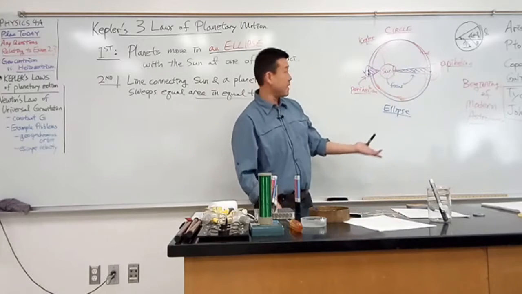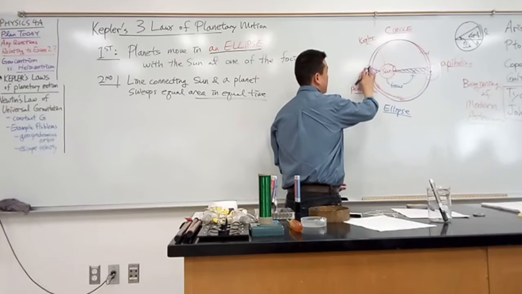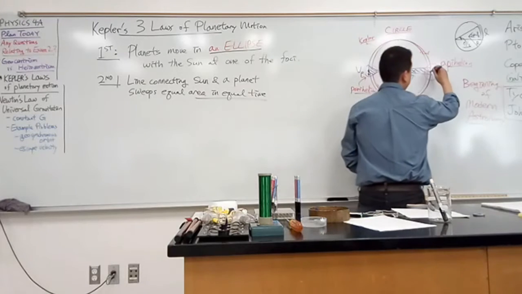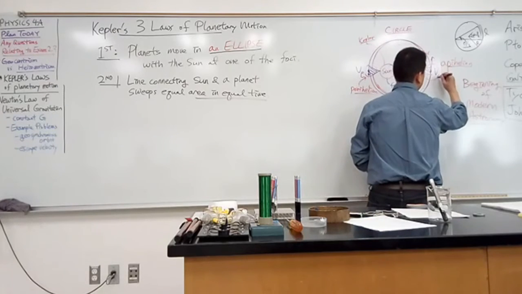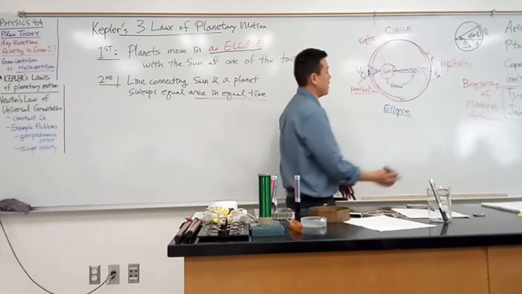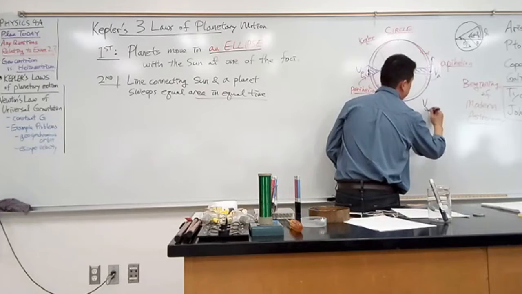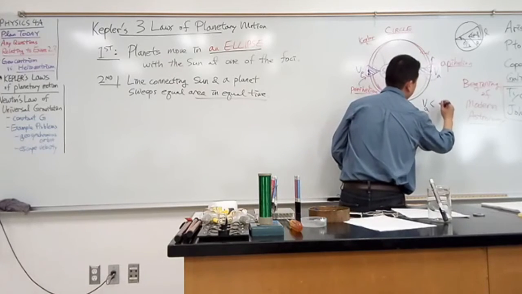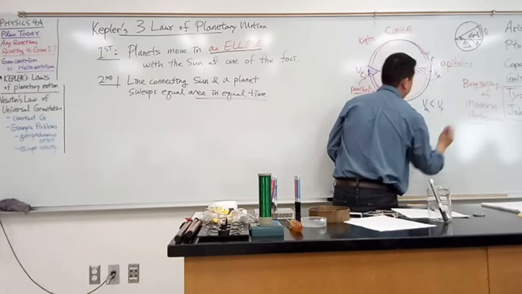So that's what it says. If the planet's moving at some velocity at perihelion, and you look at how fast it's moving at aphelion, based on this picture you would say the velocity at aphelion is smaller than the velocity at perihelion.